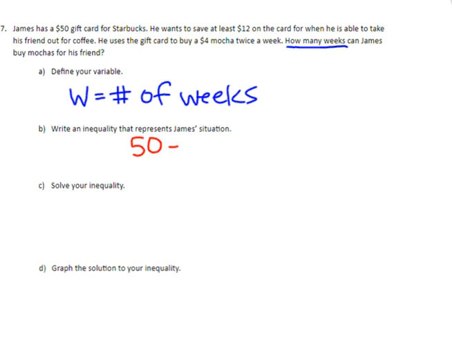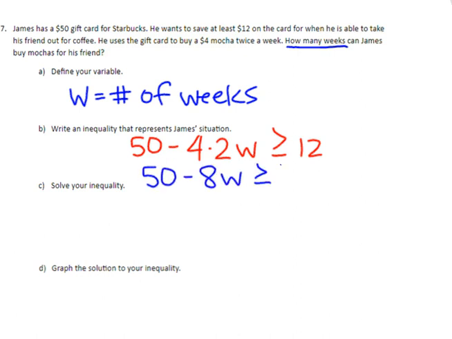So we're going to subtract out the $4 that he spends each of the 2 times, and he does that per week. That amount that he has left needs to be greater than or equal to $12 because he wants to save that much. If you simplify it, you might get something like 50 minus 8w, so as long as yours would mean the same thing.